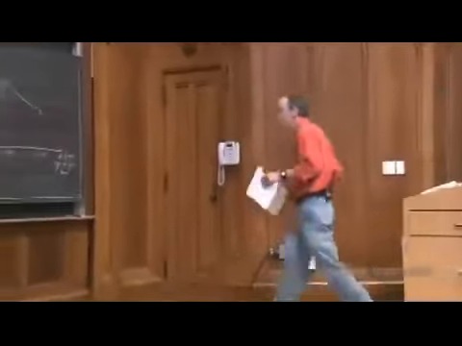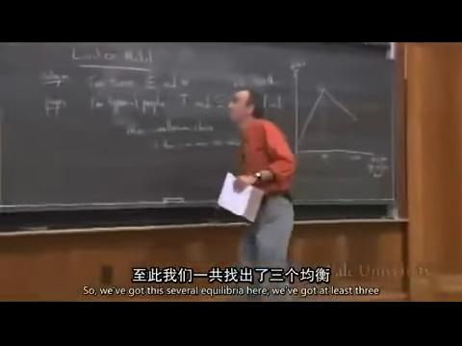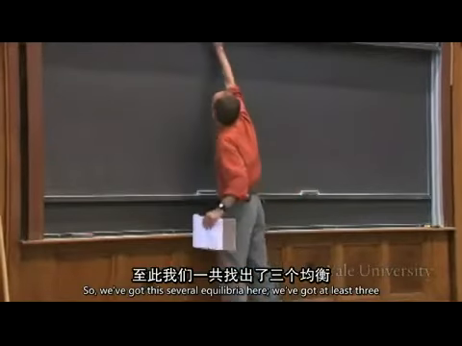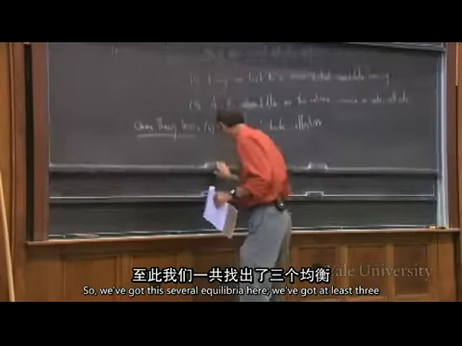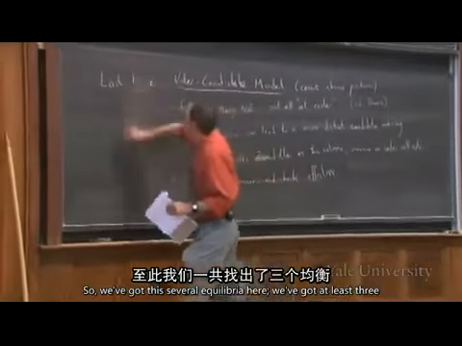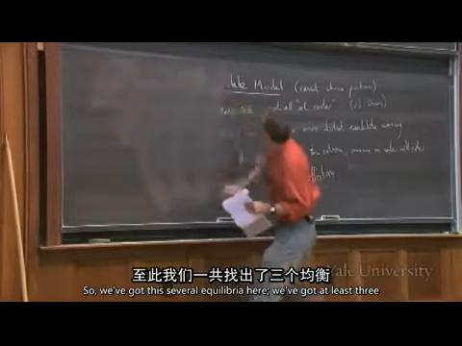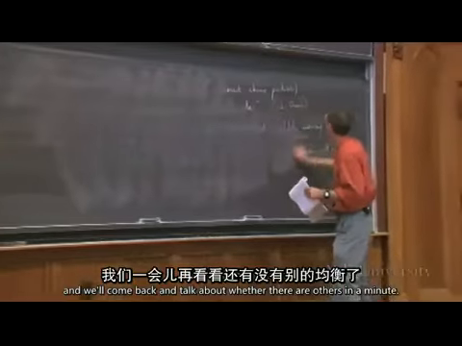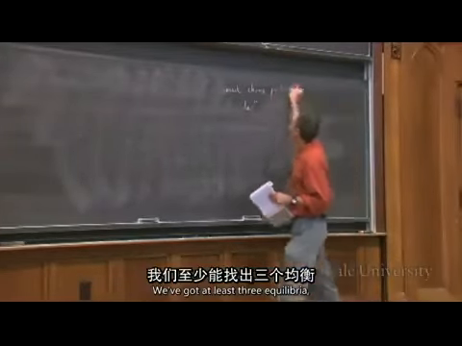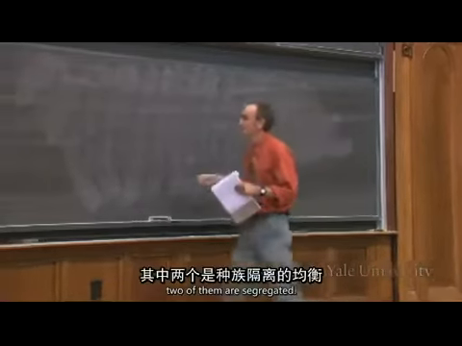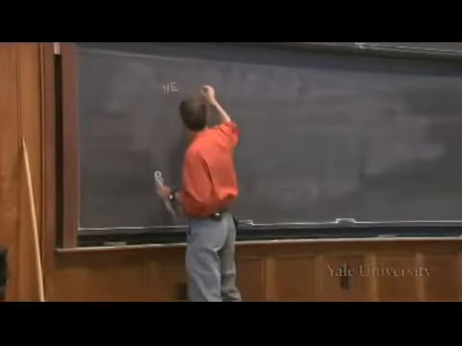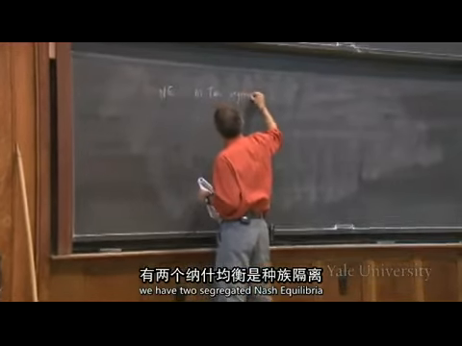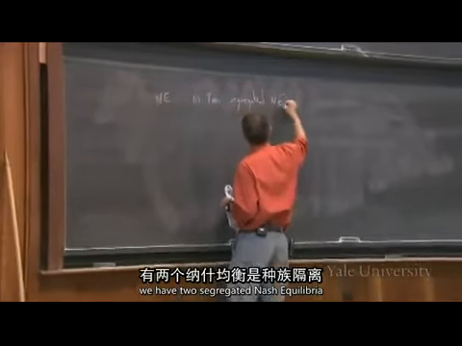All right? So we've got these several equilibria here. We've got at least 3, and we'll come back and talk about whether there are others in a minute. 2 of them are segregated. So the Nash equilibria in this game, we have 2 segregated Nash equilibria.